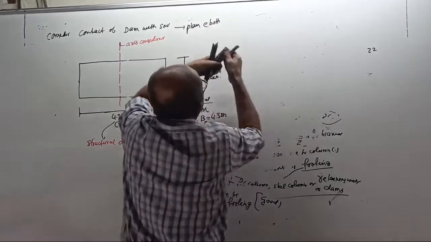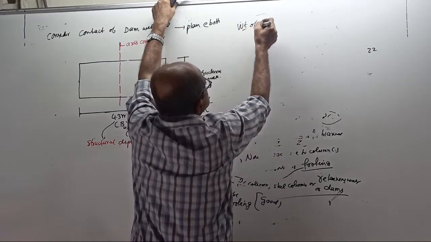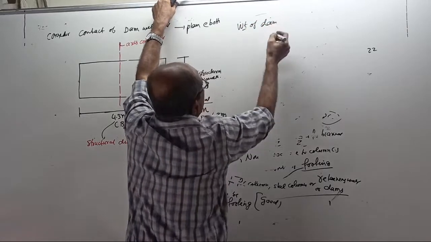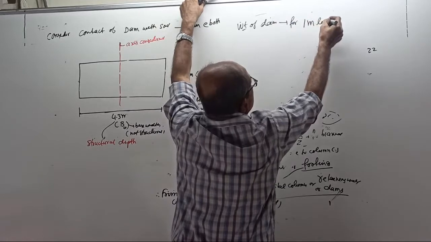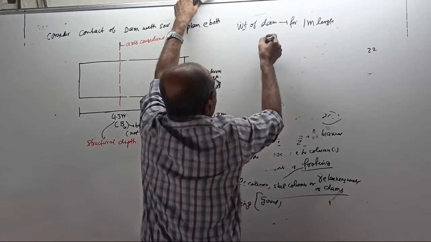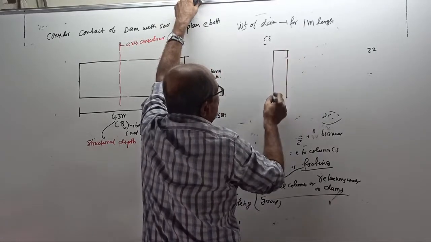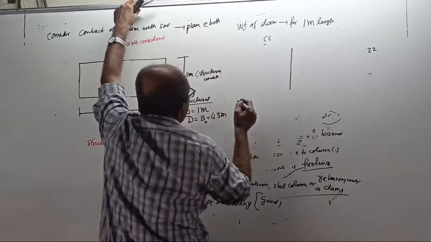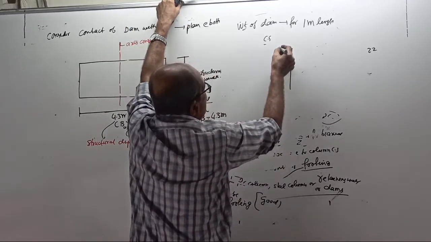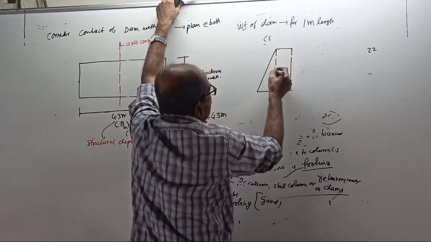First consider the weight of the dam. Remember, for 1 meter length, the cross section is like this. Put a dotted line.